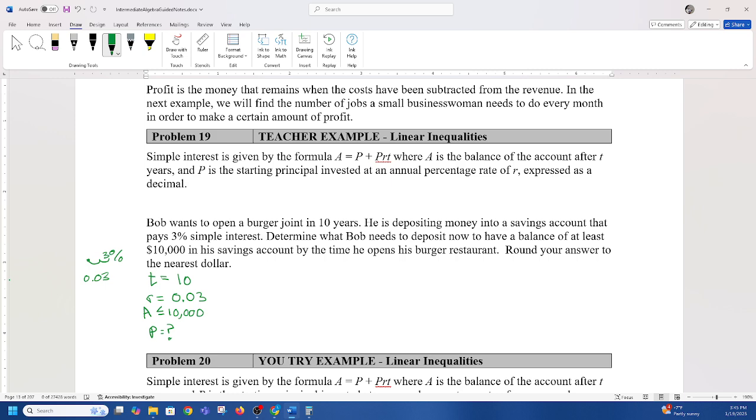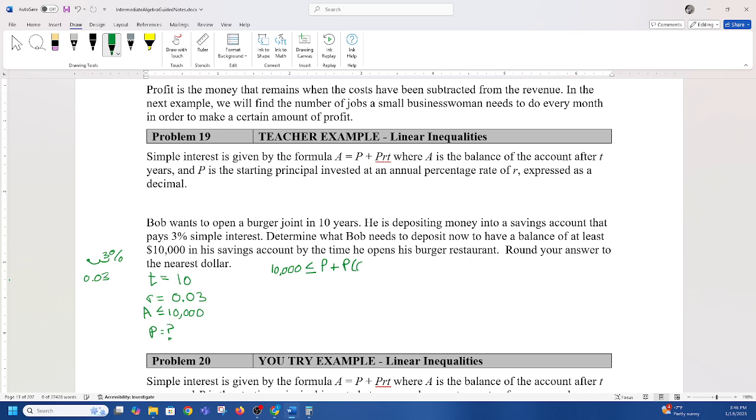So let's go ahead and plug all of these into our inequality. Our A is $10,000. We want everything on the other side of the equal sign to be greater than or equal to $10,000. P is what we're looking for, so my P's are just going to stay the same.